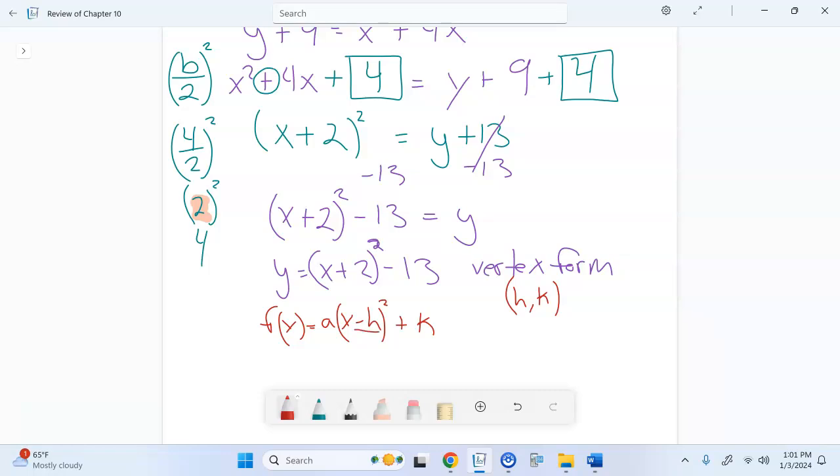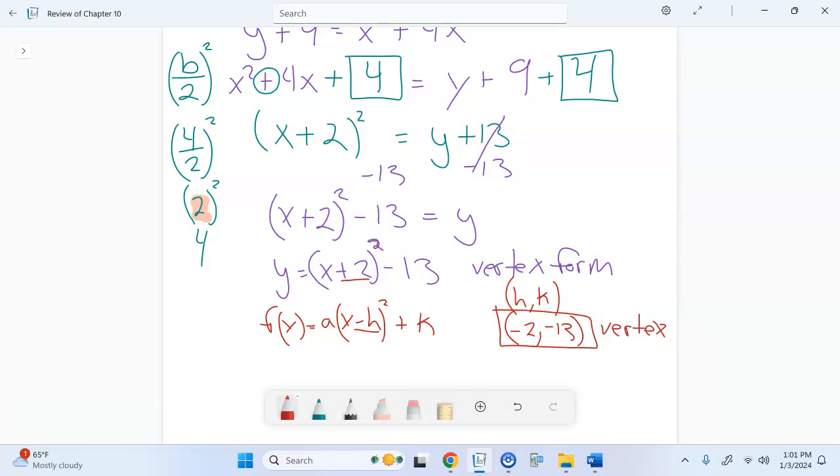Sign switch. Negative h is -2, so h is -2. What's the k value? -13. So our vertex is the point -2, -13. Okay?